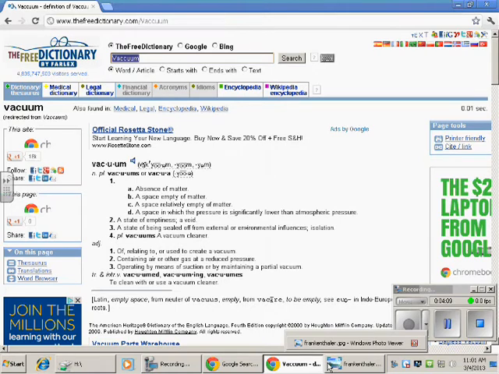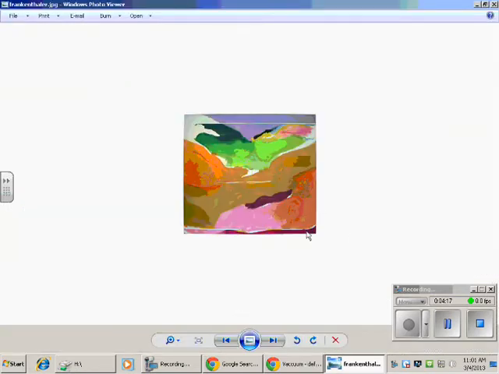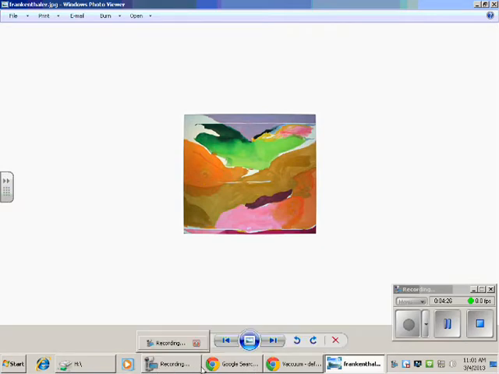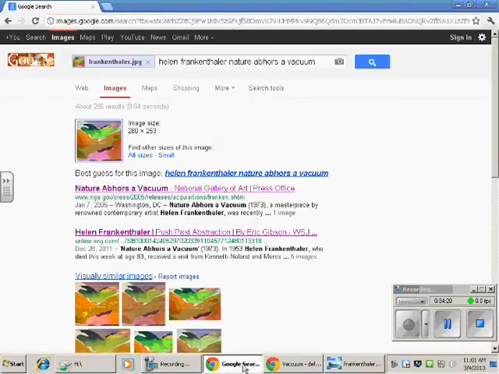So then I figured nature hates nothingness. And then when I looked at the picture, it was colorful and mountains and stuff. So then I figured, interesting. That's an interesting title. So that's how I figured out about the title.